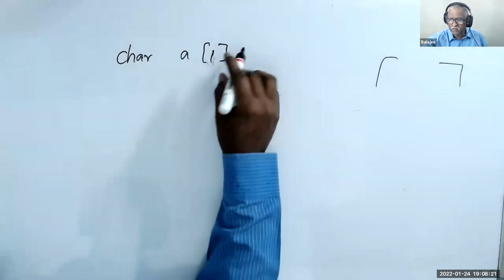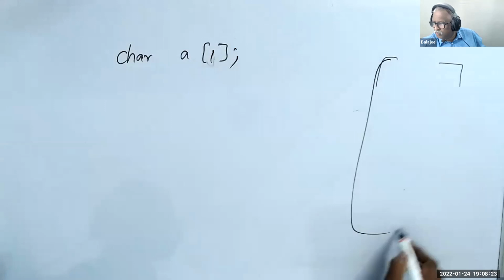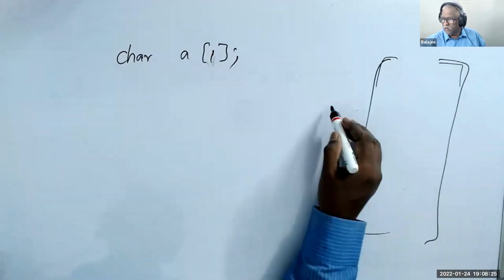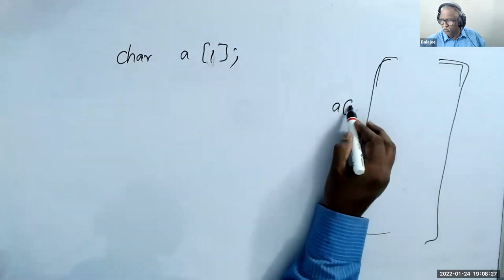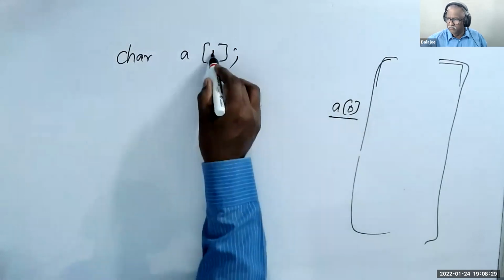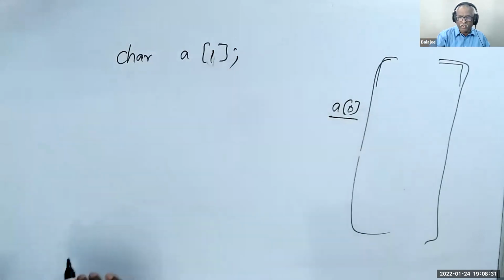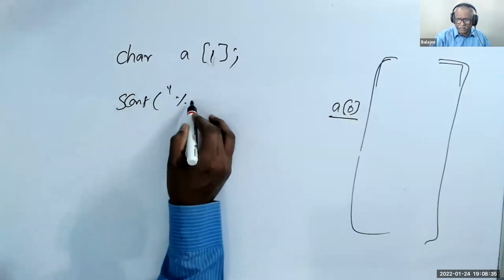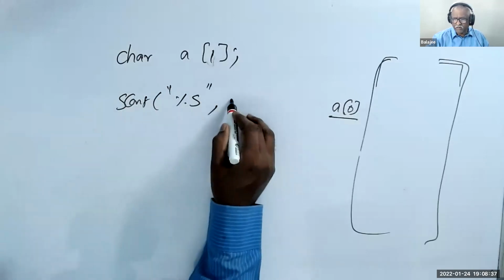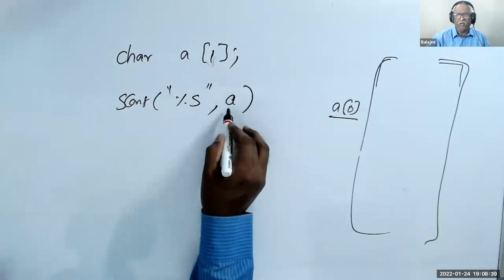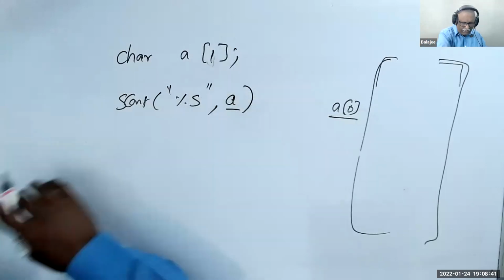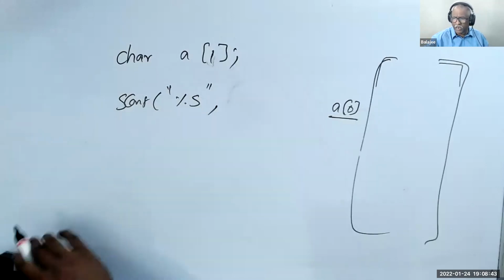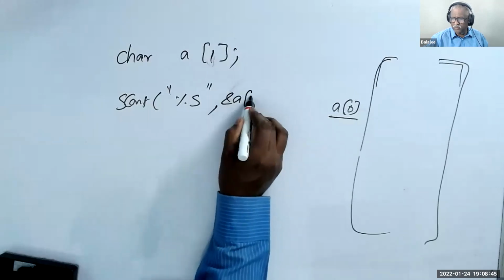The system allocated A of 0. That's all, only one. You asked for only one. Done now. If you say scanf %s, comma, A, both are the same. To not confuse, I can put the address, &A of 0.